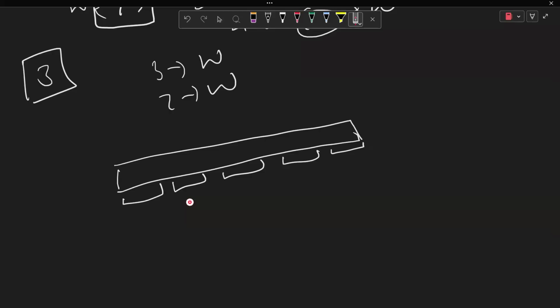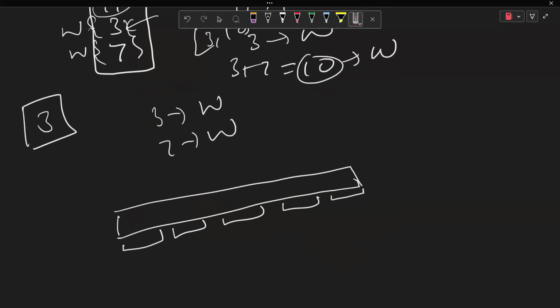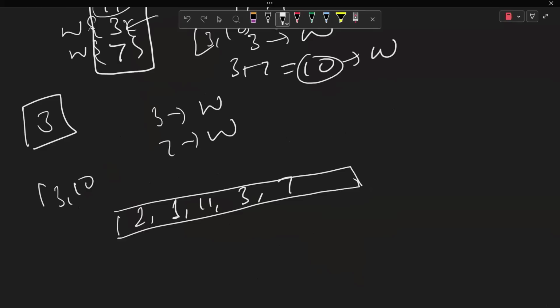If you have some array, let's take this only: 2, 1, 11, 3, 7. If you have something, now you want to basically divide it into groups so that the sum falls between the range of 3 to 10. L and R is given as 3 to 10. This is the range.